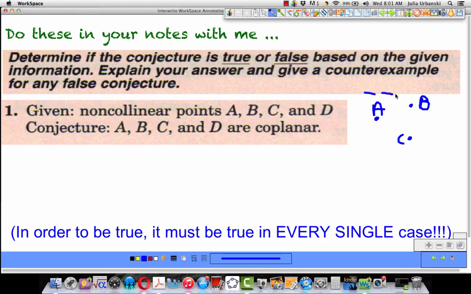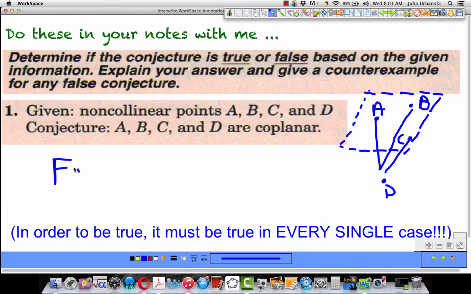Let's put these three on a plane. And point D could be anywhere. Point D could be down below those points, and then the answer is false. So that's a counterexample. Sometimes a counterexample can just be a drawing, just like this. This proves that D does not have to fall on the same plane as A, B, and C.